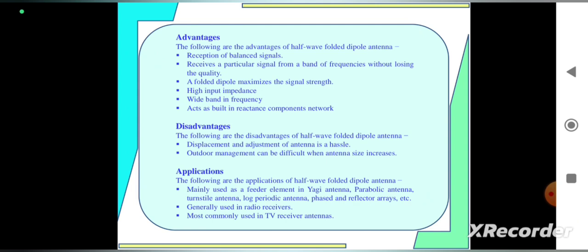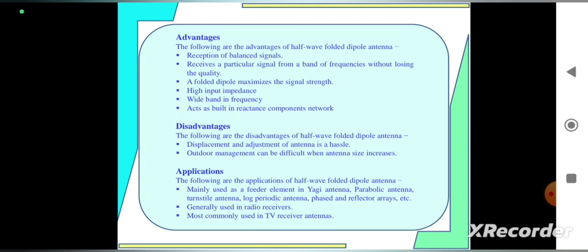Next, the advantages of the folded dipole antenna. The first point is the reception of balanced signals. What is meant by balanced signal? For example, in a transmitter and receiver, the transmitter sends some energy to the receiver side, and the receiver side will also transfer energy to the transmitter.